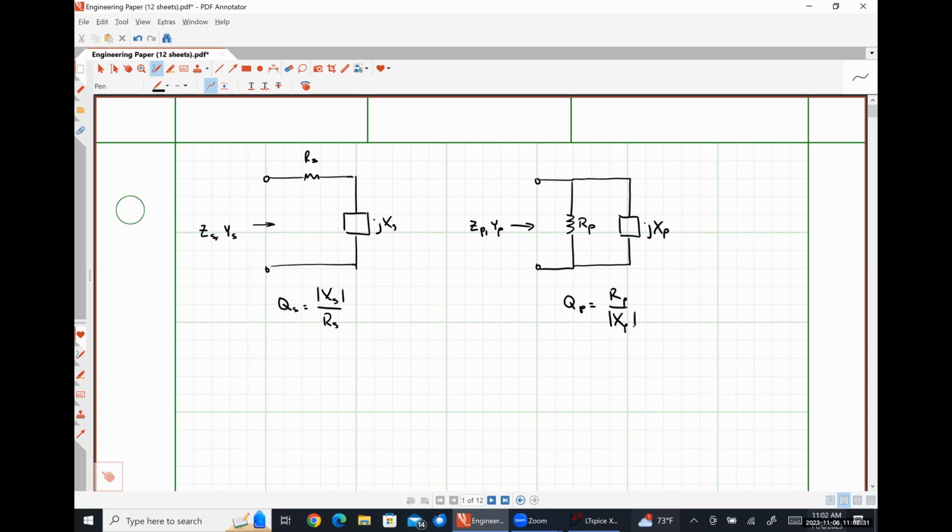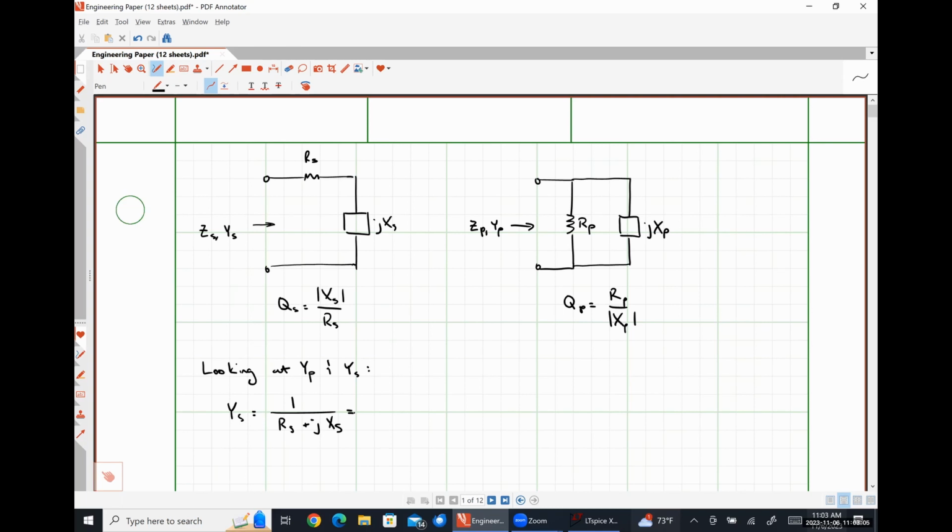And looking at our admittances, that looks too much like a V for my taste. So we can see pretty easily that Y sub S is just 1 over R_S plus jX_S.